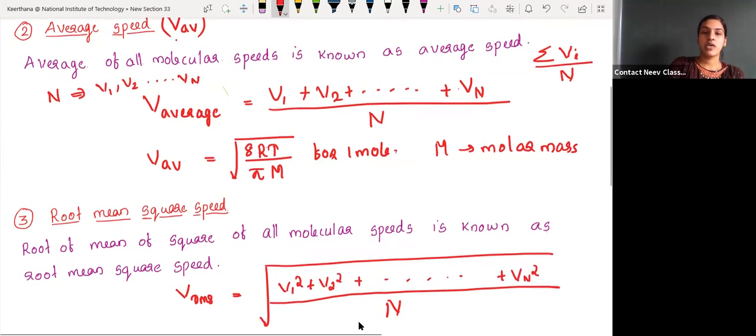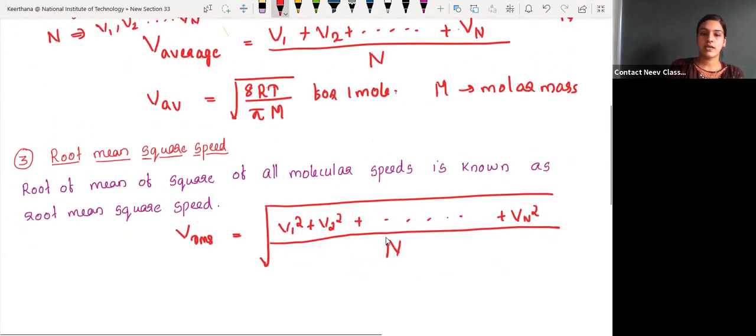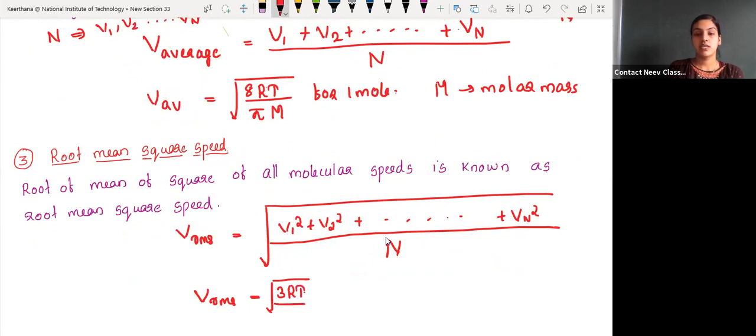The derivation is not needed for you, so you just want to study the equation. Vrms is equal to root of 3RT by m.